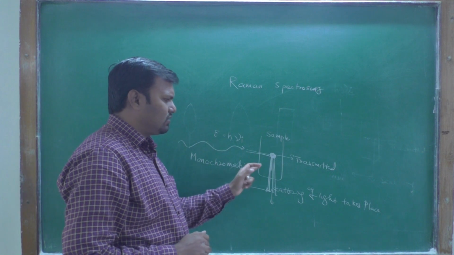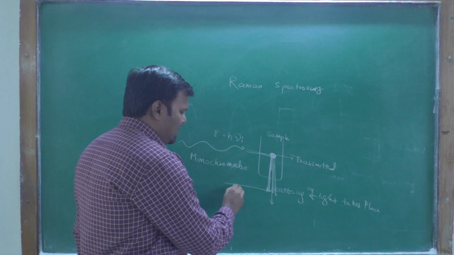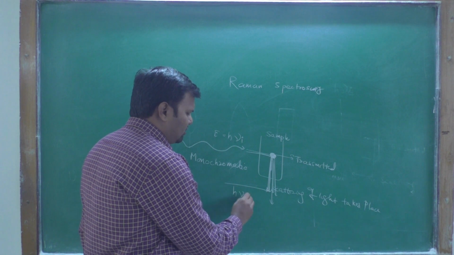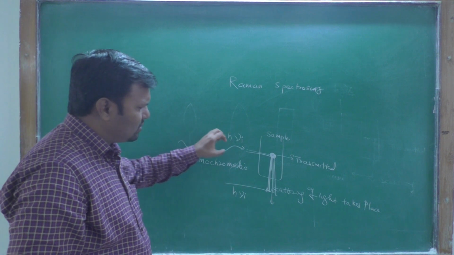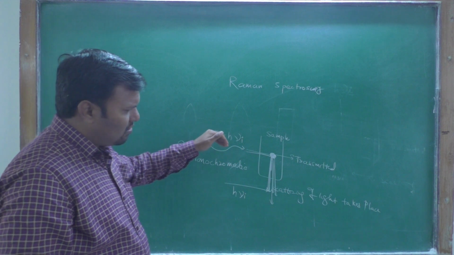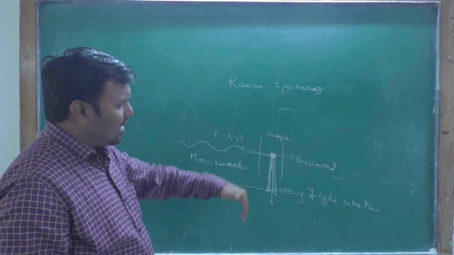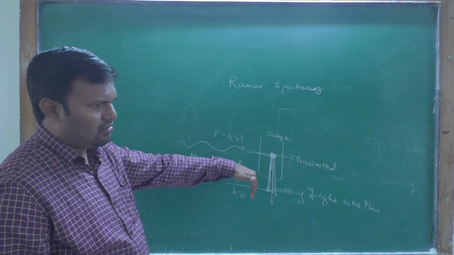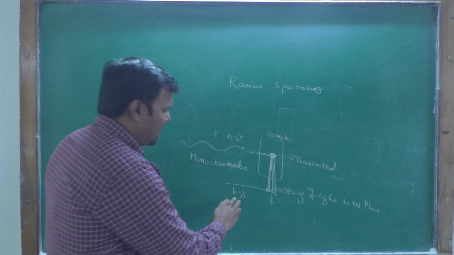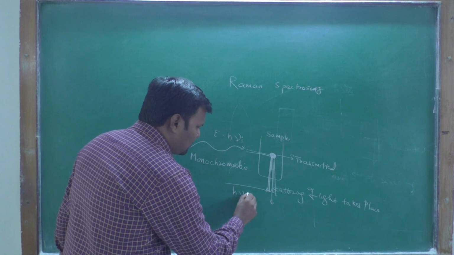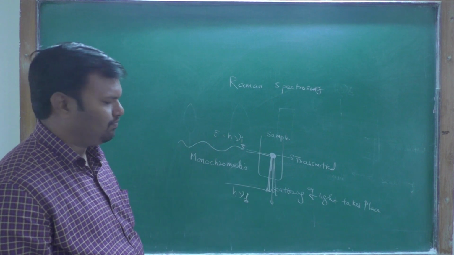When light falls on the sample, the light is scattered, and that scattered light may have the same frequency, h mu I.